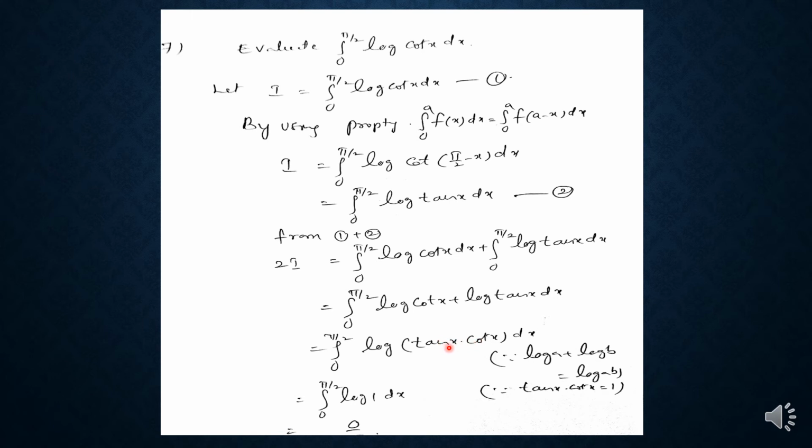Tan x into cot x value is equal to 1. So by putting tan x into cot x equal to 1, integral 0 to pi by 2 log 1 dx. We know that the value of log 1 is 0. So integral 0 to pi by 2 0 dx is 0.